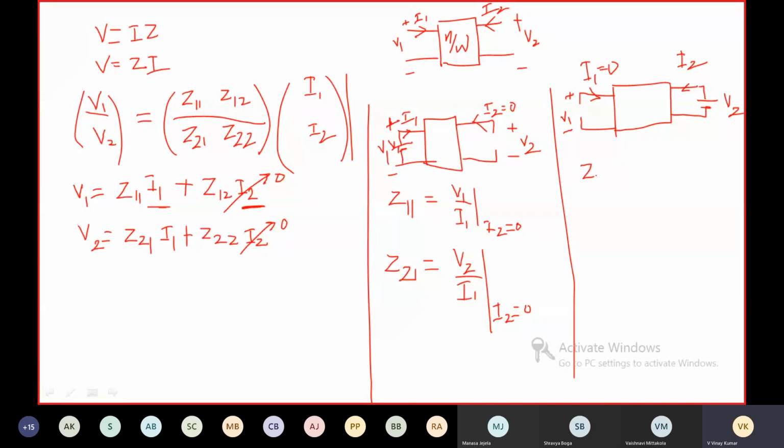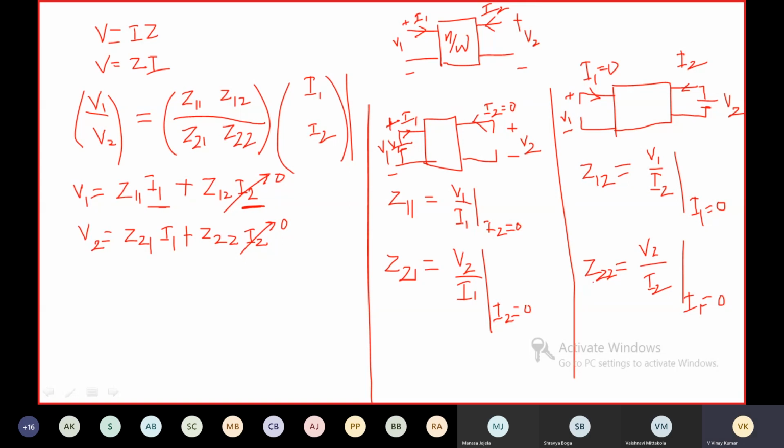Then Z12 is equal to V1 by I2 when I1 is equal to 0. Z22 is equal to V2 by I2 when I1 is equal to 0.